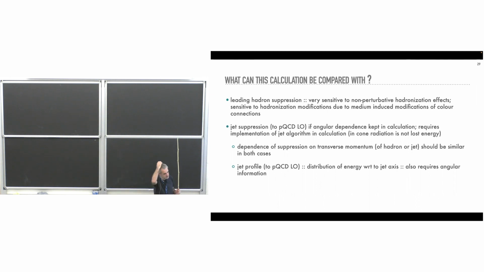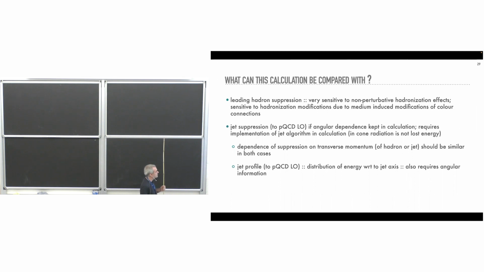Actually, there's some advance there as well. You can resum all medium-induced gluon emissions. But to do that, you have to assume that there were no vacuum-like emissions. So, invoking some magic powers, you switched off the vacuum physics. So again, it's not a very full calculation.